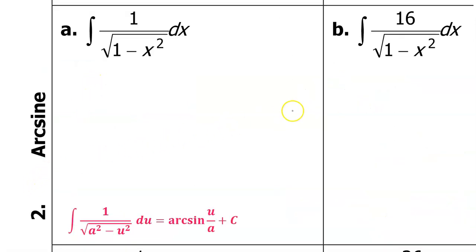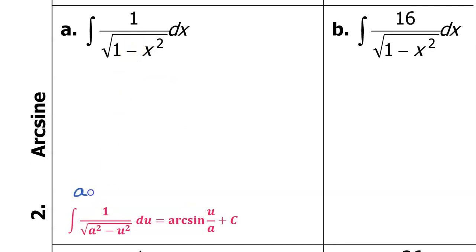For the second set of problems, we are told that these will all be arcsine rule problems. But we could have guessed that because we see the square root which appears in the arcsine rule, and we see that we have the constant minus the variable. And that's how it shows up in the rule, the constant minus the variable. So we would have known anyway. This first one is a perfect match for the rule itself.